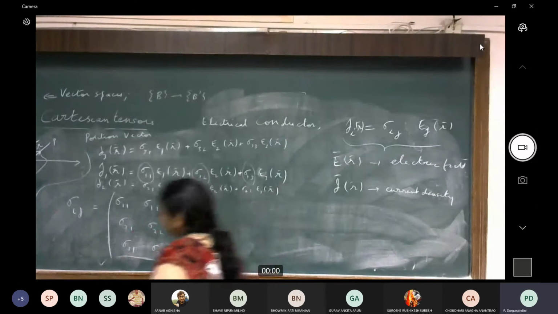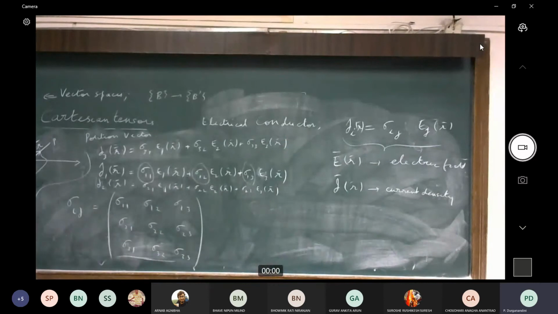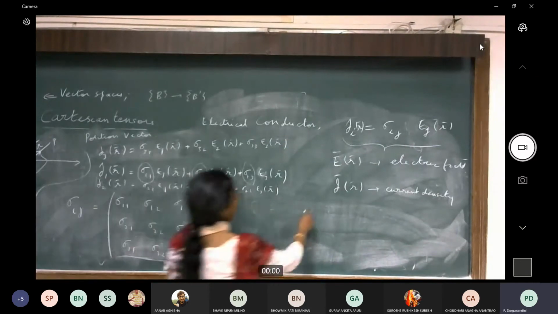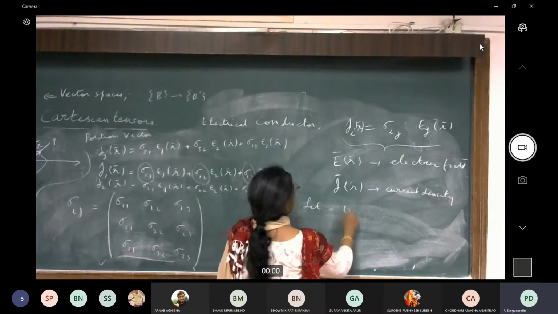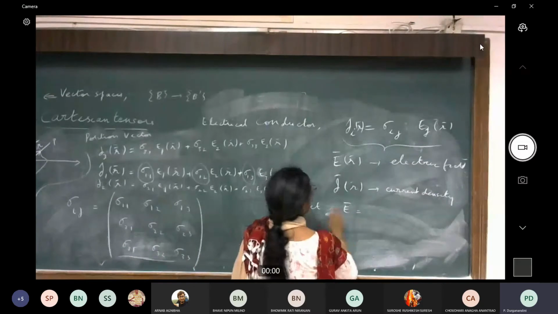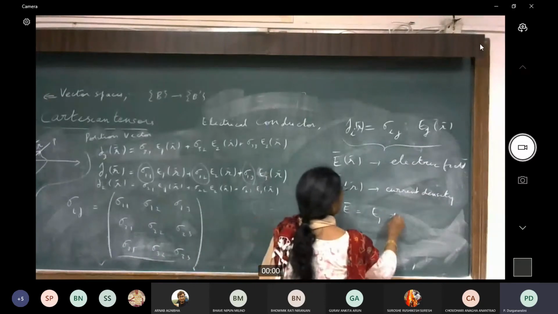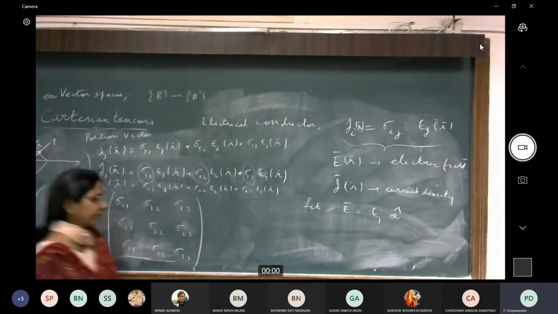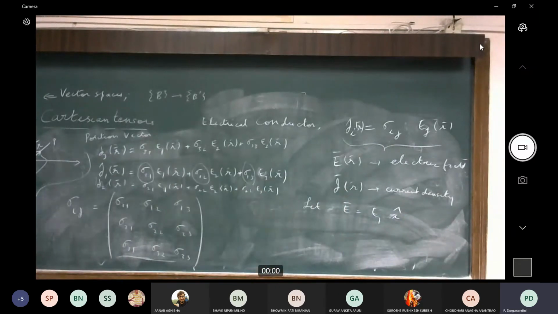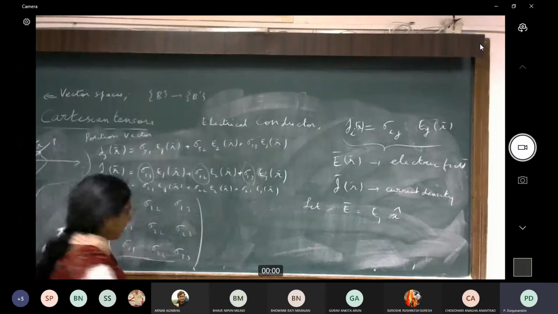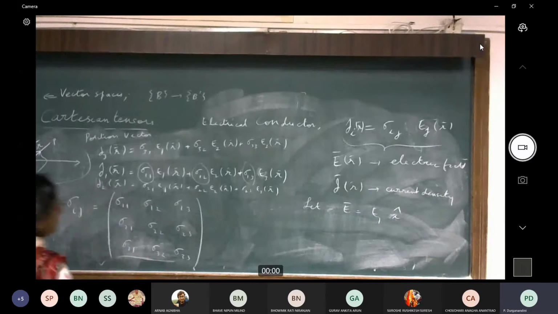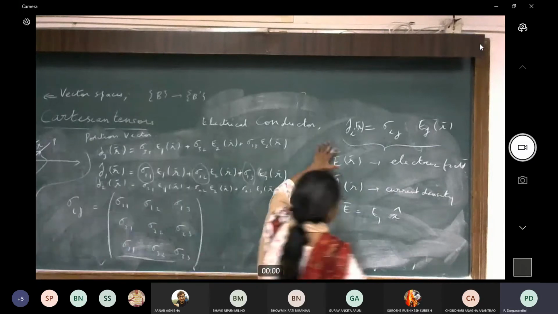Now, if I tell you that I put my electric field, suppose let E be equal to E, so it's only along the x direction. And for simplicity, I've also taken it to be a constant. In that case, what will happen according to this equation?